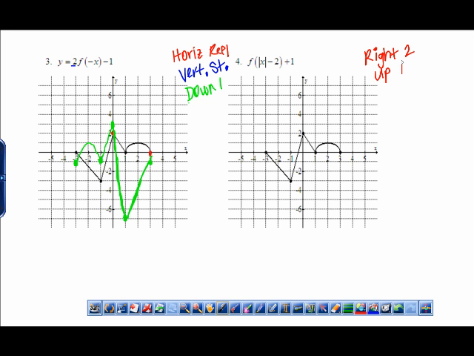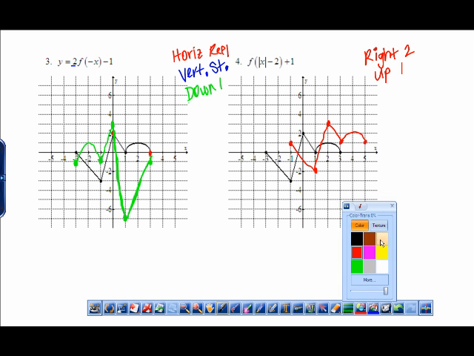The last part we'll do in another step. But let's move everything right 2, up 1. If this is confusing, just go back and take it one step at a time. There's no one saying you have to do it this way, but I think you guys are at the point where you could do these two transformations at one time.